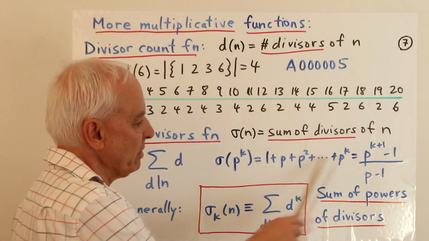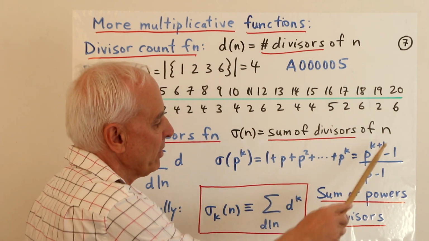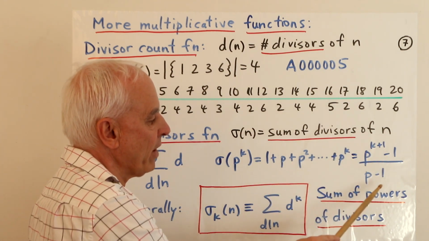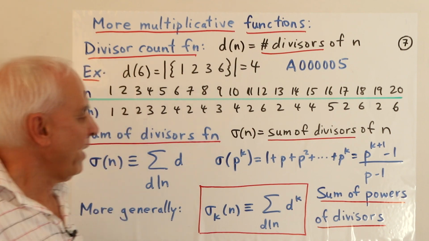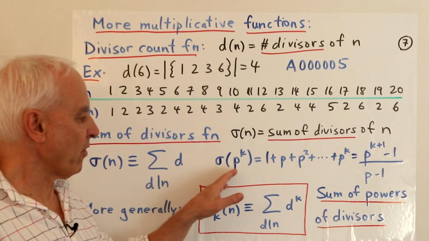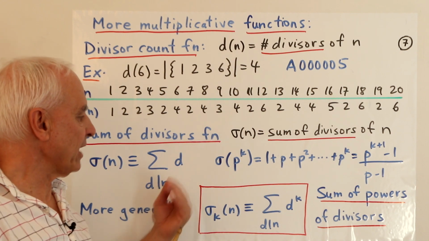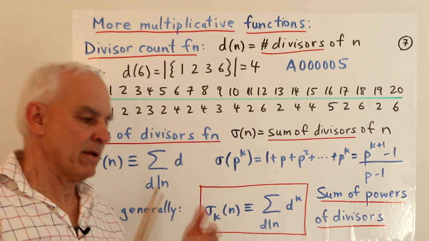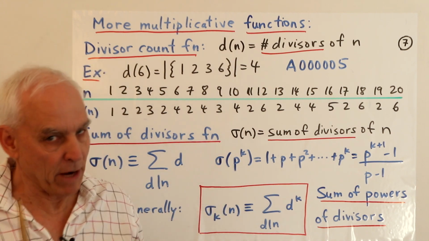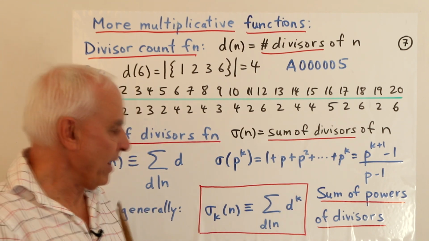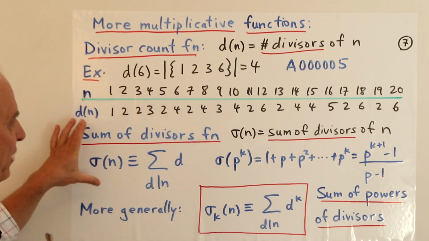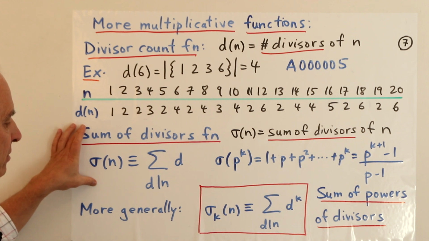And that's a geometric series. So the formula is p to the k plus 1 minus 1 over p minus 1. And of course, if you know this formula for a power of a prime, then you can pretty easily calculate sigma of n for n, a natural number, as long as you know the prime factorization of n. So that's another multiplicative function.